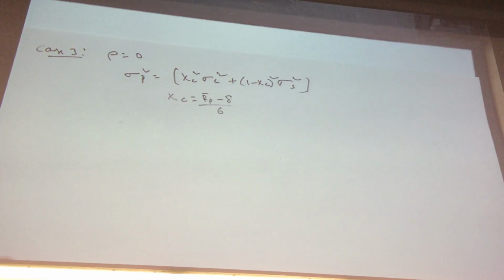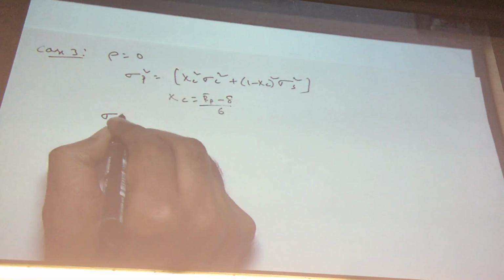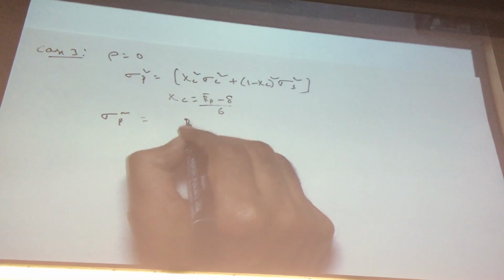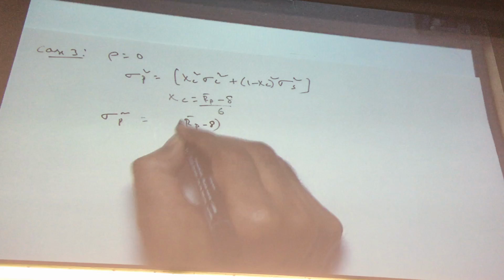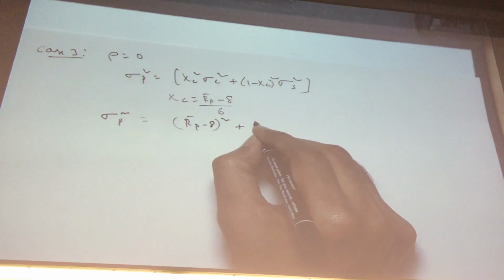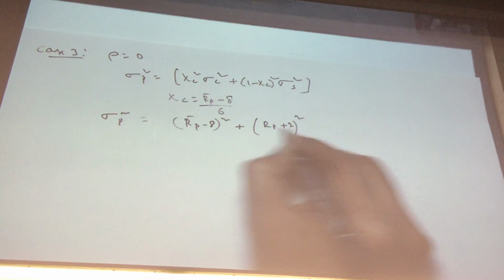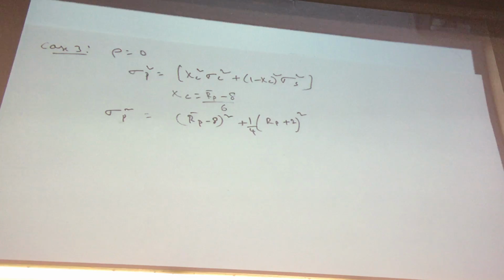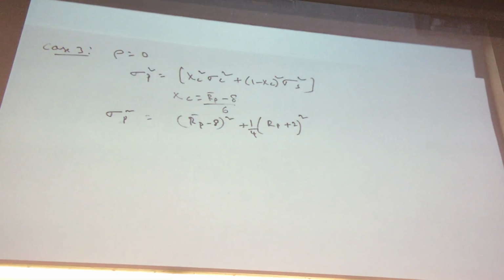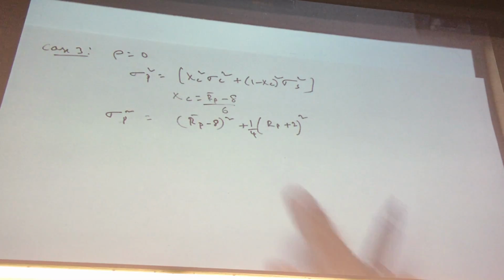When you substitute this, you end up with the following: (RP minus 8) whole square plus... when you substitute, actually you get the answer. Again, sigma c square is 6 and sigma s square is very much the same. Actually, I'm just giving the final answer.